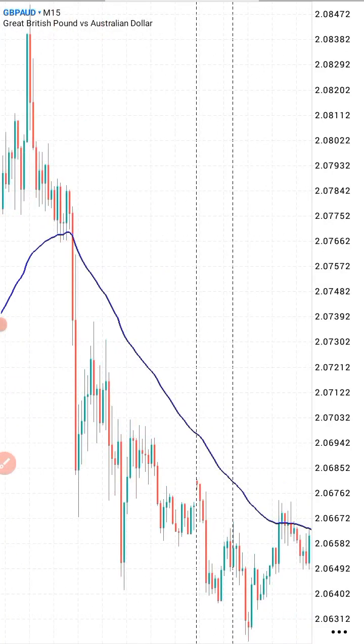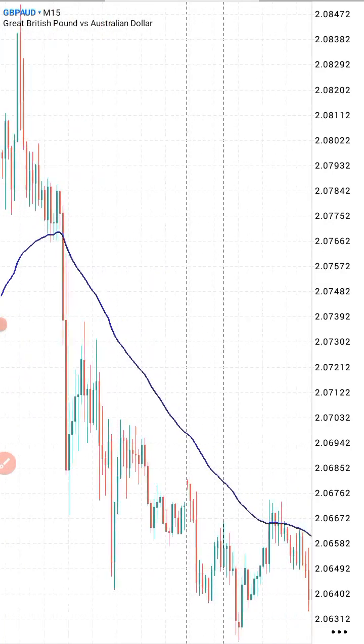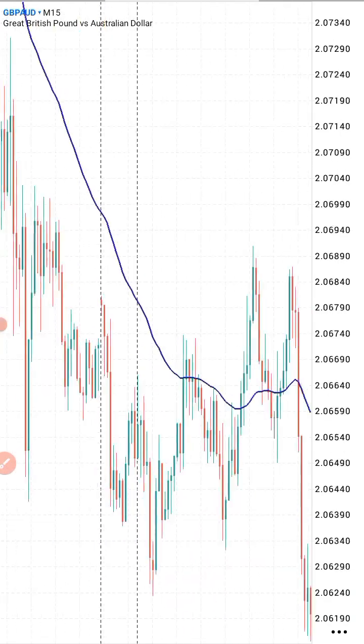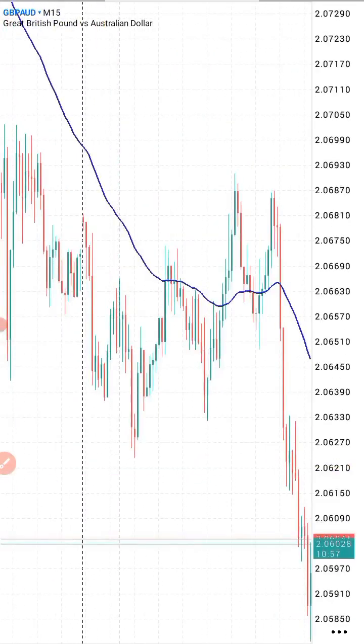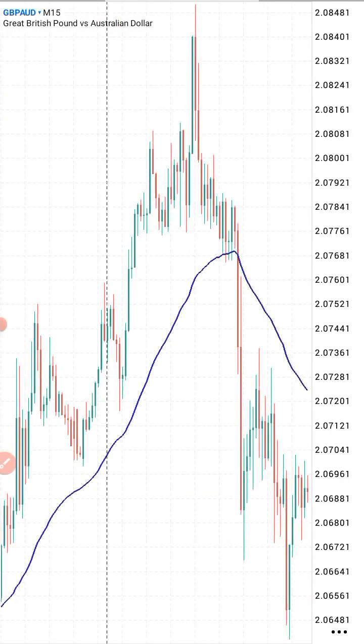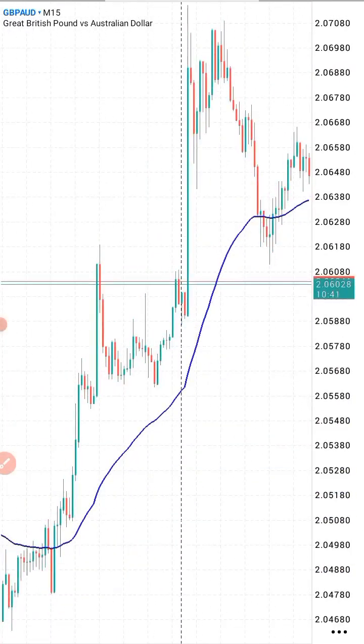Now, for you to be able to use this moving average to trade profitably, you need to wait for pullback. Don't chase breakout. Wait for pullback before you trade using this strategy. Now, one of the common mistakes that traders make is chasing price breakout when price breaks either above or below.